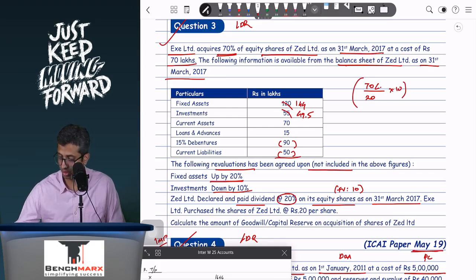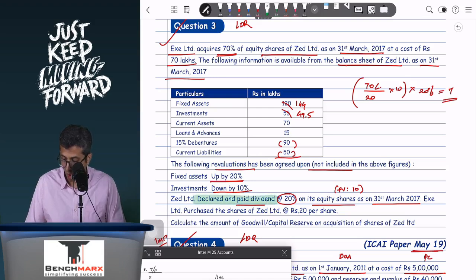So this will be your face value, 35. This is total number of shares and their face value into dividend is 20%. So into 20% comes to what? 7. Now this 7 has been declared and paid on 31st March 17.